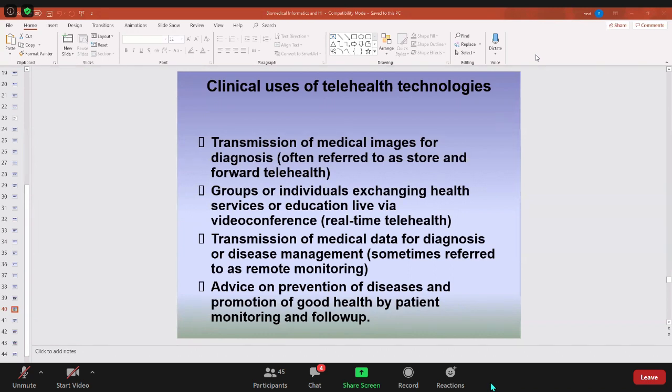You can also advise on prevention of diseases and promotion of good health through patient monitoring and follow-up using telehealth. It also helps in cases where patients are not comfortable meeting a person to discuss their sensitive issues, related to religious conditions and different gender issues.